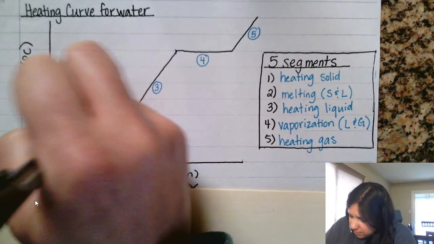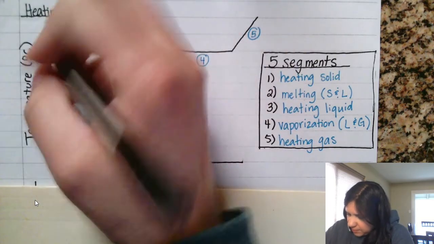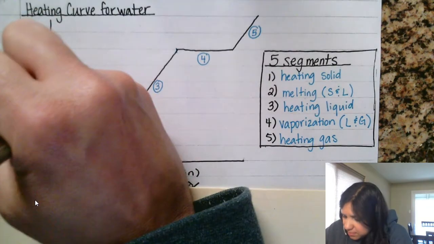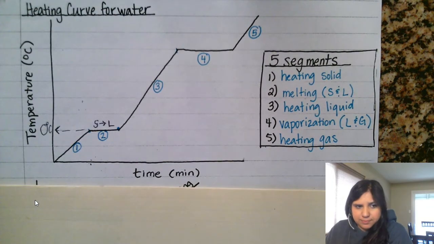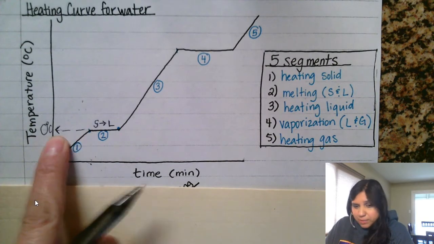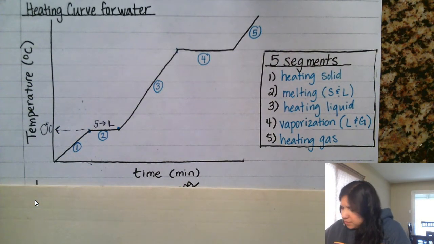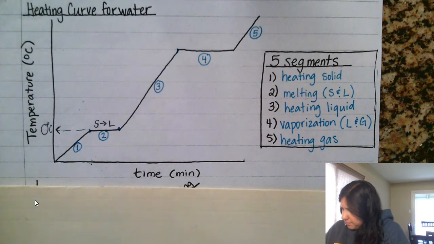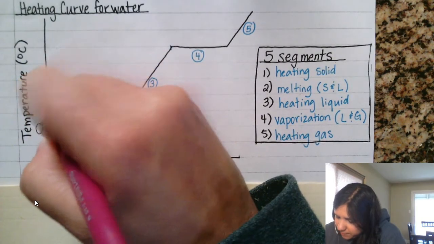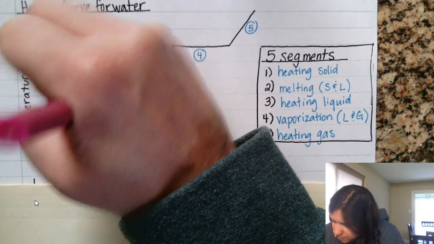And we can read the temperature and find the melting point. For water, we know that this is at 0 degrees Celsius. If this were another substance, we could read the same graph and say, okay, it's whatever this is. So 0 degrees Celsius. I'd like to make a note of that. We could read that right here. That's the melting point.